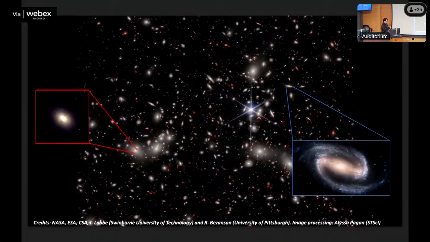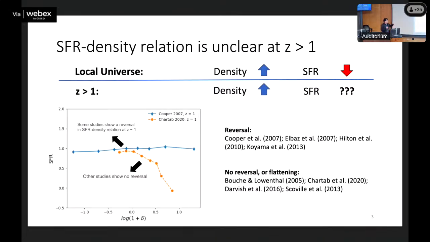But when you look at redshift greater than 1, we start to see some conflict in the SFR density relation. Some research papers argue that there might be a reversal in the SFR density relation, so when density goes up, SFR doesn't go down, it just reverses the relation.